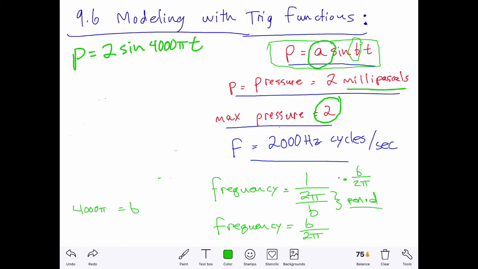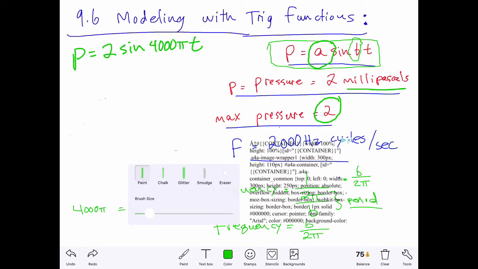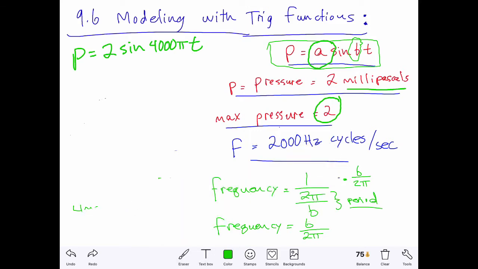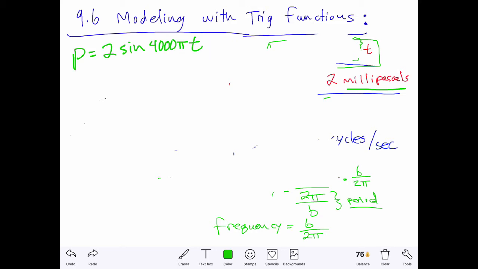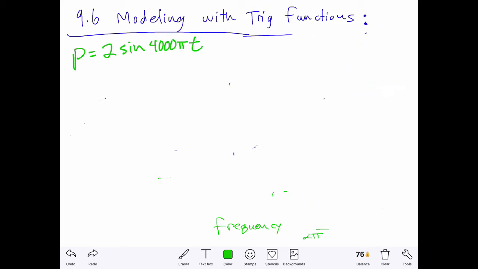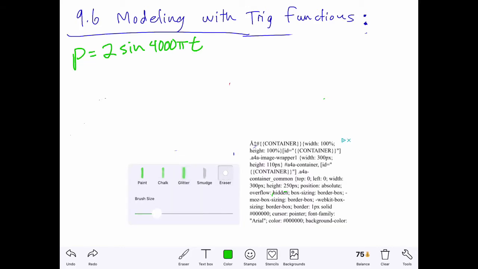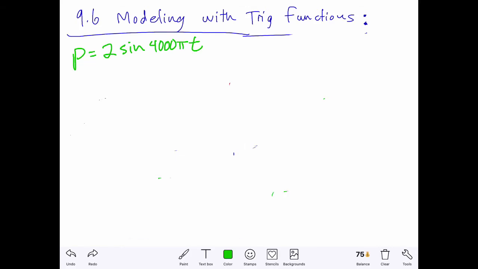Okay, so once we write it, we can, of course, graph it. So let me erase. Okay, so again, my amplitude is going to be the absolute value of 2, which is 2.